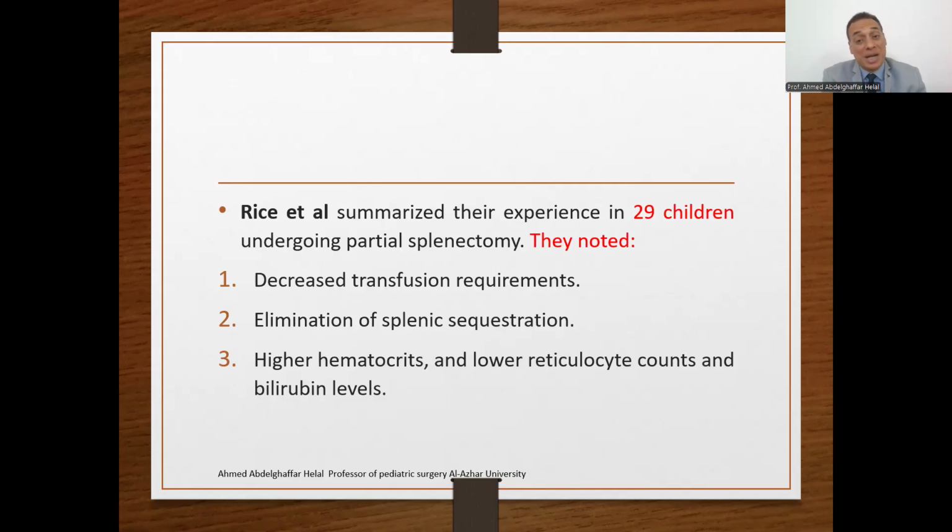Rice et al. summarized their experience in about 29 children undergoing partial splenectomy. They noted decreased transfusion requirement after partial splenectomy, elimination of splenic sequestration, and also higher hematocrit and lower reticulocyte count and bilirubin.